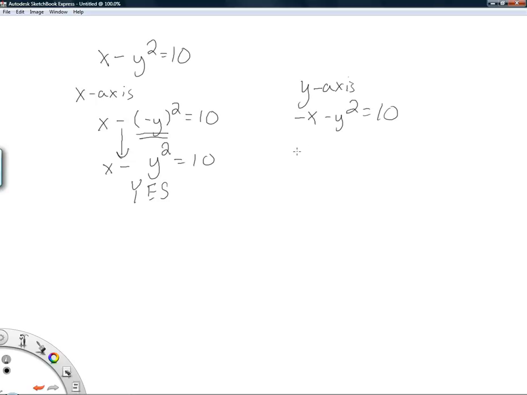That looks close to but not the same as the original, so this one would be a no. And then test origin, plugging in the opposite of x and the opposite of y, and simplifying. And again, we do not have the original, so this would be a no.